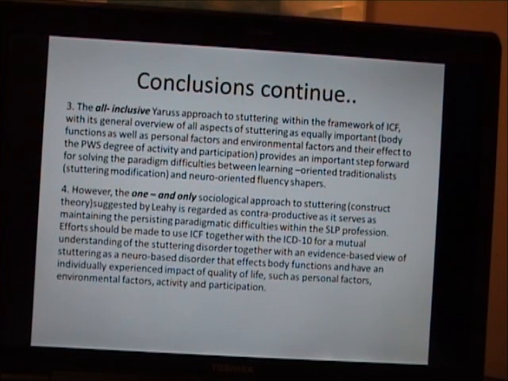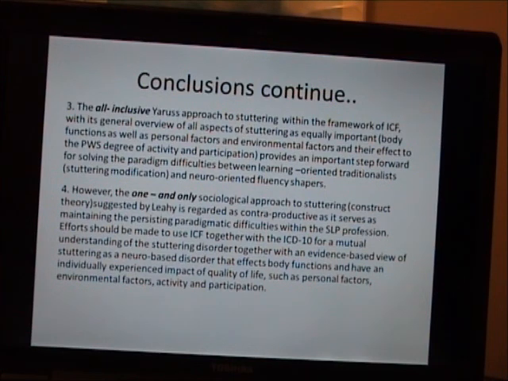And thirdly, what I found here making those studies is that the all-inclusive Yaruss approach to stuttering within the framework of ICF, with its general overview of all aspects of stuttering as equally important, the body functions as well as personal factors and environmental factors and their effect on the people who stutter, degree of activity and participation.